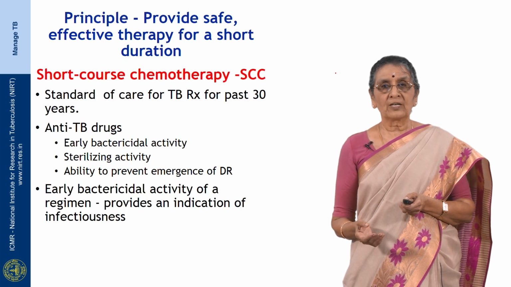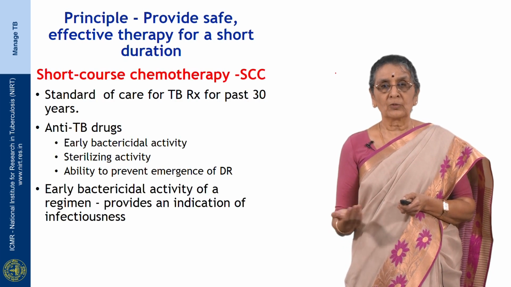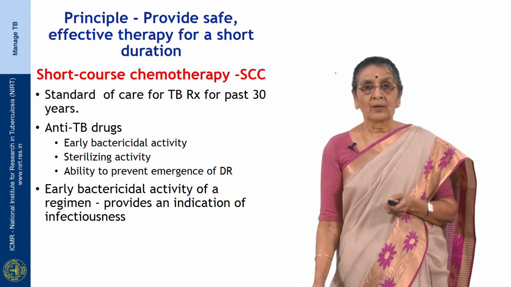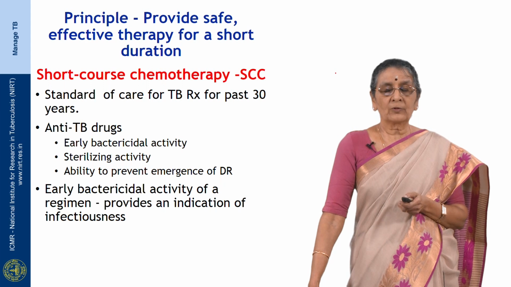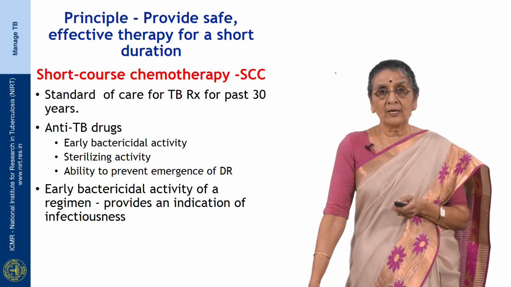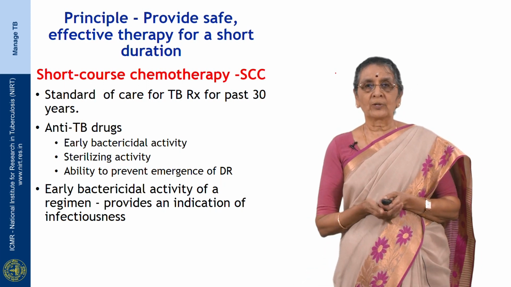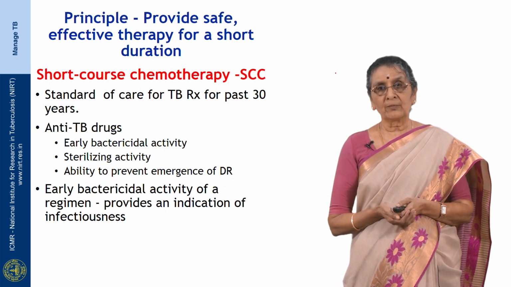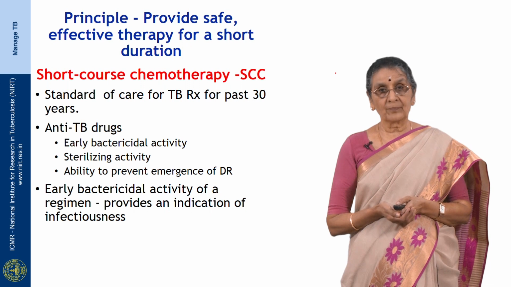Now let us look into the short course chemotherapy, based on what we discussed so far. We use rifampicin, INH, ethambutol, pyrazinamide for short course chemotherapeutic regimens, and that has become the standard of care for TB treatment in the last 30 years.